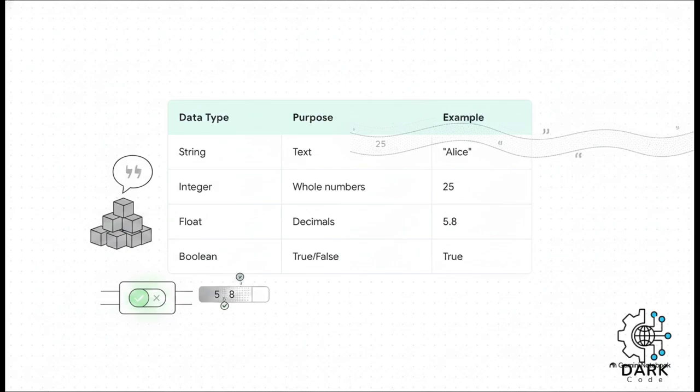Third, we have the float. This is where we store our decimal values, like height equals 5.8. And finally, the Boolean. This one is super fascinating because it only stores true or false decisions. It's exactly like a light switch. For example, is_student equals true. By using these very specific shapes of containers, we're basically giving the computer context about what the information actually means.